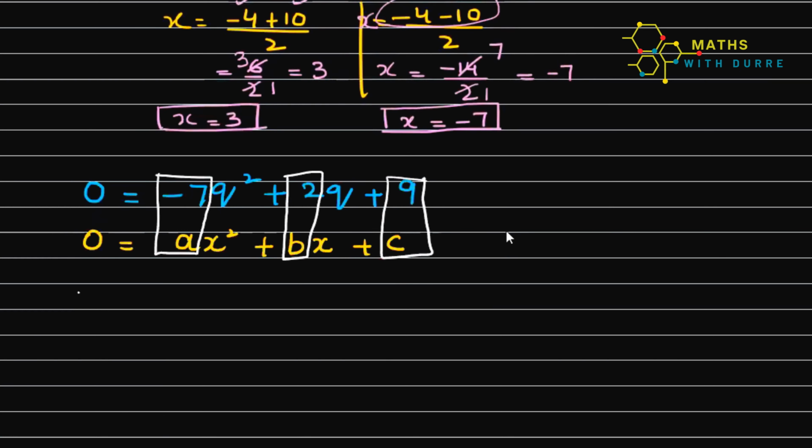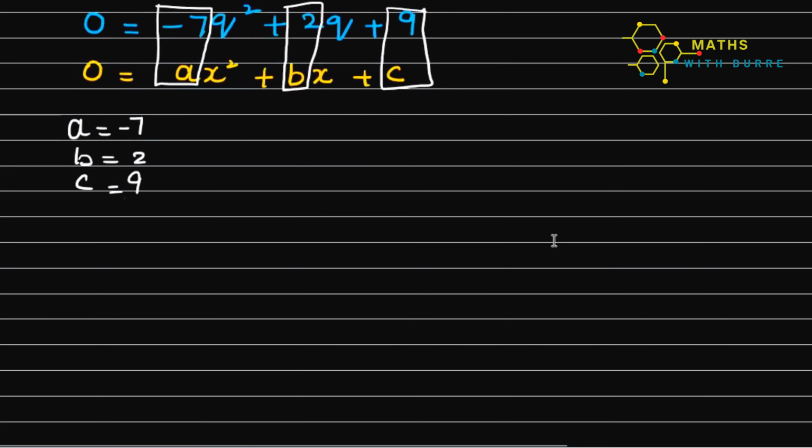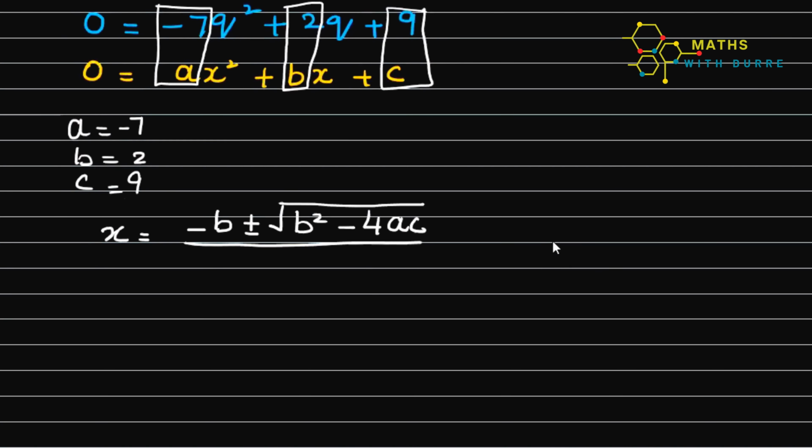So we can even write here separately, a is -7, b is 2, and c is 9. So now we need to write the formula. What was the formula? Can you recall it? -b plus minus under root b square minus 4ac upon 2a.